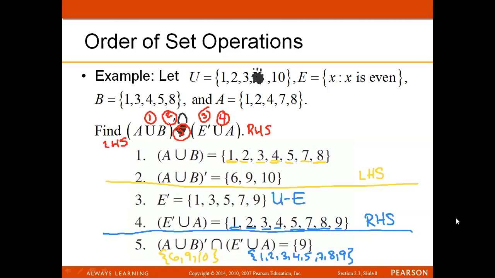And now we have the intersection of these two sets. The intersection is what they have in common. It's either a 6, 9, or 10, or all of the above, or some subset of that. There's no 6 in the blue set. There's a 9. There's no 10 in the blue set. So the only thing those two sets had in common was that element 9.